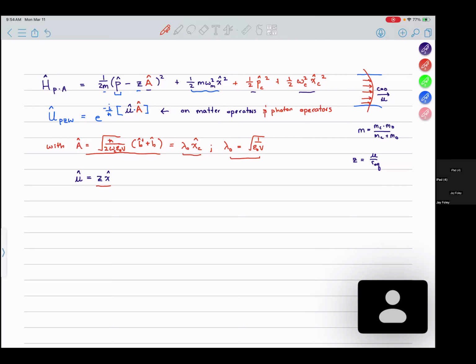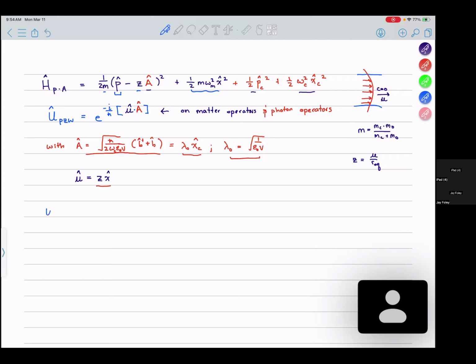And so one of the things that I'm going to argue for you right now is that I can do the following. Tablet's frozen. There we go. Unfrozen. Great.